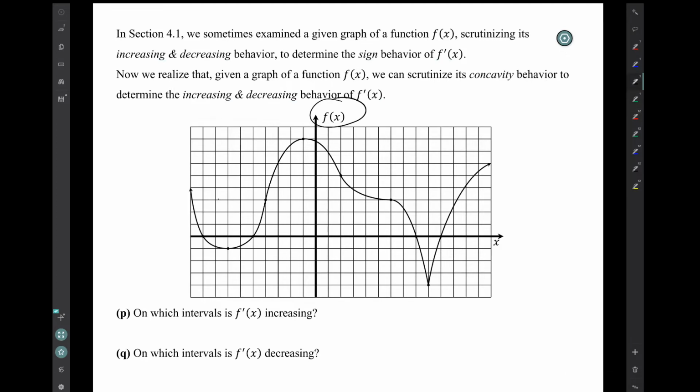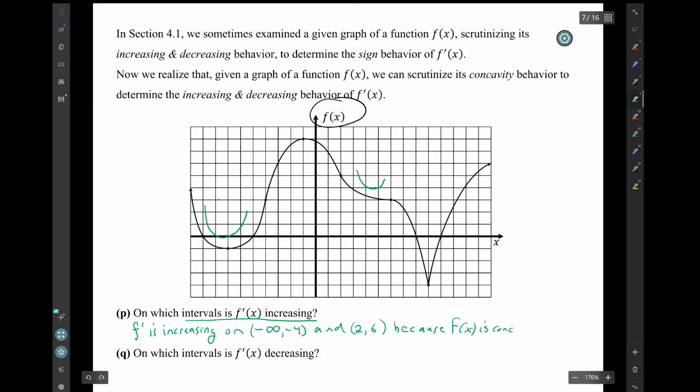So we want to know this. On which intervals is f prime increasing? Well, that's going to correspond to intervals where f is concave up. So we see that f prime is increasing on these two green intervals, and it's because f of x is concave up there. We have a graph of f of x.